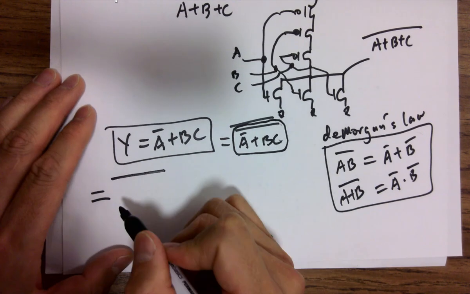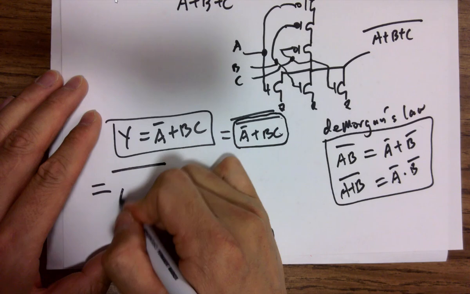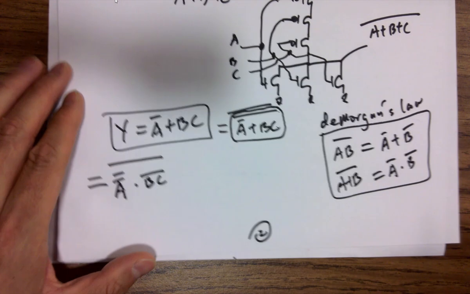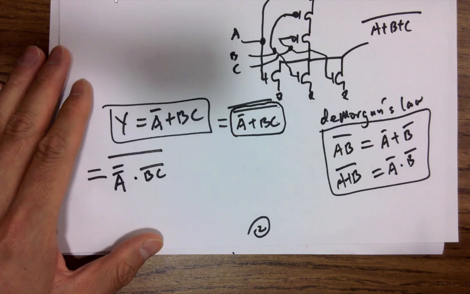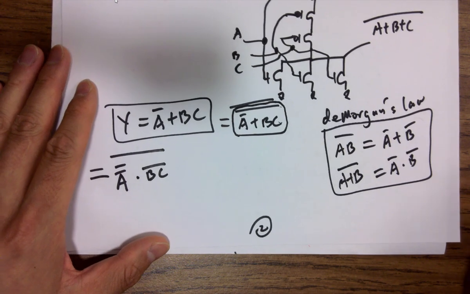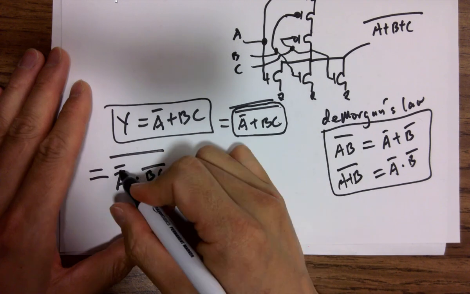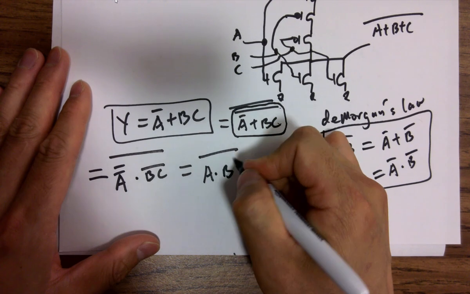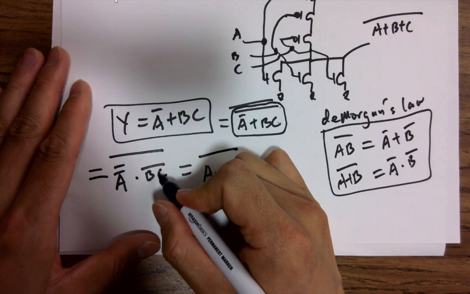So keep the top bar and split the bar, change the sign. Questions? Bar is A. Split the bar, change the sign one more time.